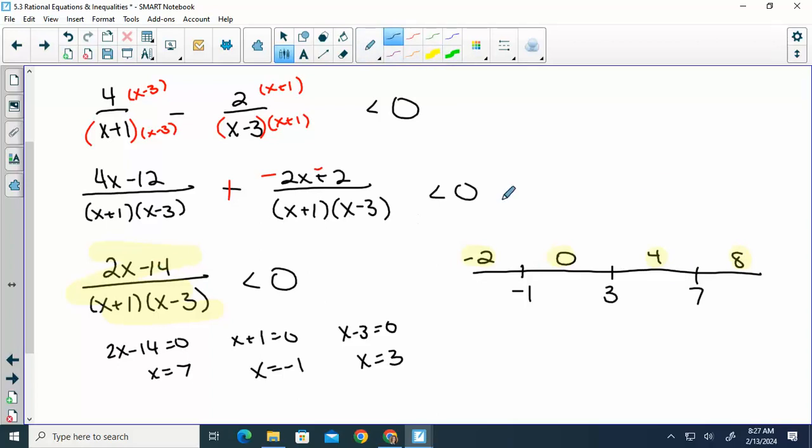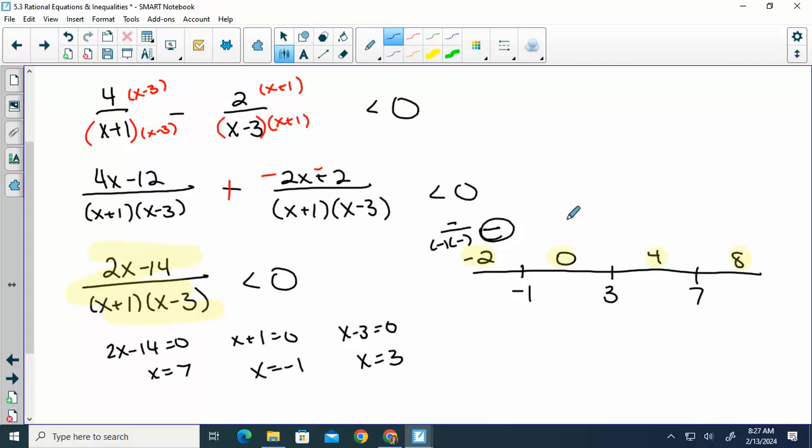So if I put in negative 2, the top is negative. Negative 2 plus 1 is negative. Negative 2 minus 3 is negative. If you have 3 negatives, your answer is? Positive. Oh, wait, what? 2 negatives make a positive. 3 would turn it negative again. I was talking about just the bottom, which would turn out to be positive.